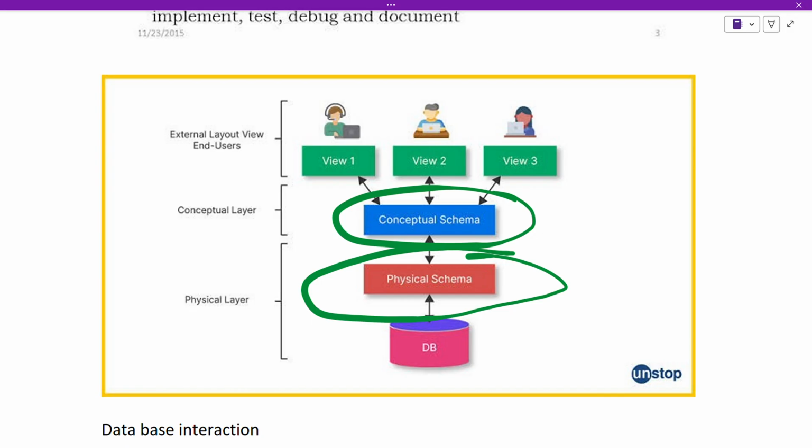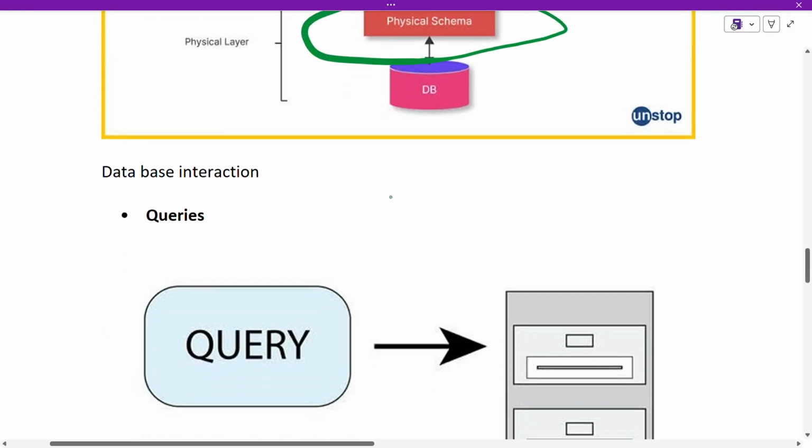They are used in this physical schema to make sure that when we are storing them in the database, we'll be able to retrieve it efficiently, and when we need to update it, we can update it quickly. When we need to insert it, we can insert it quickly. So we'll ensure that everything will be possible, right? So this is how the interaction happens.